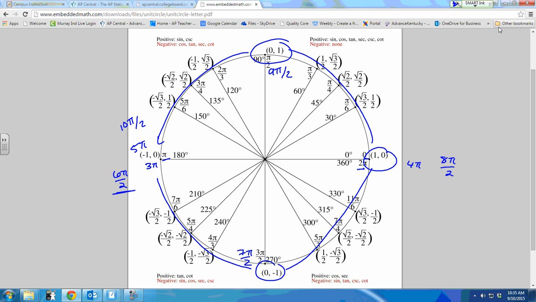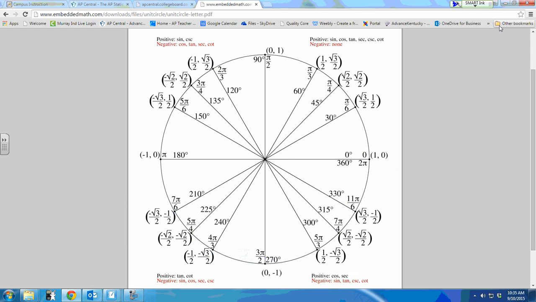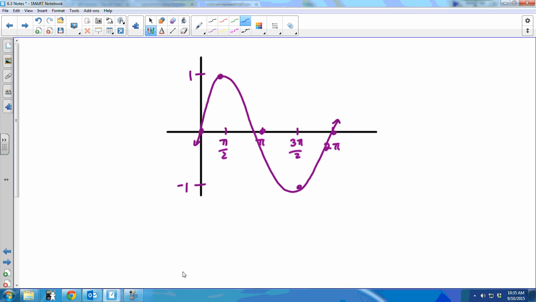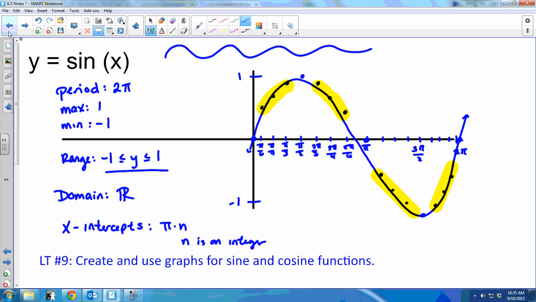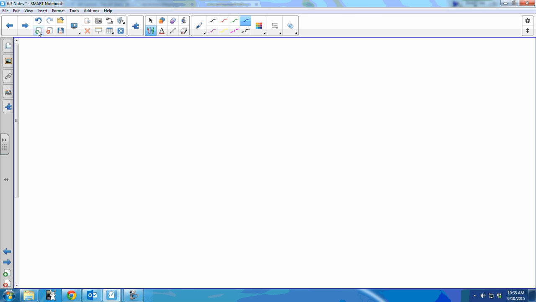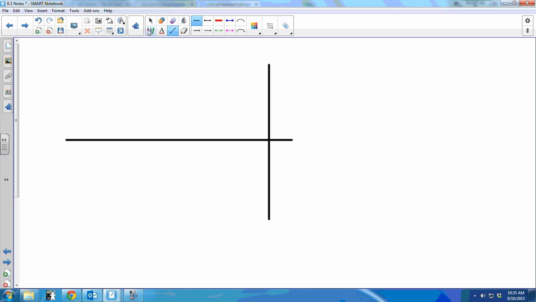All right? So let's do an example together where we're graphing this on a different interval. So on your note sheet, it says to graph this from negative 4 pi to negative 6 pi. So we're going to go from negative 4 pi to negative 6 pi.